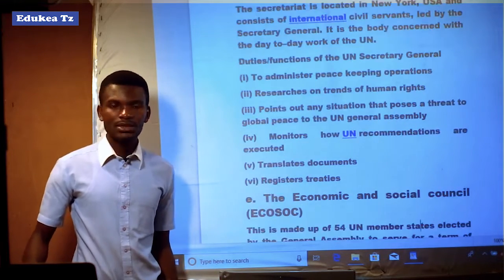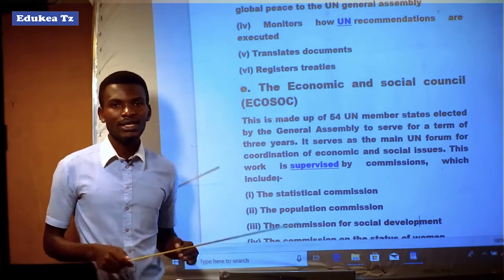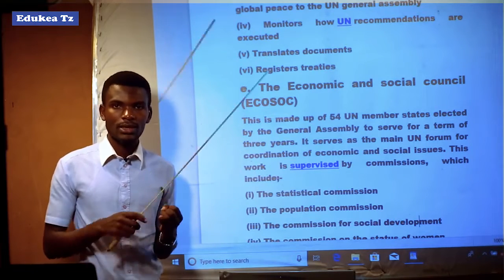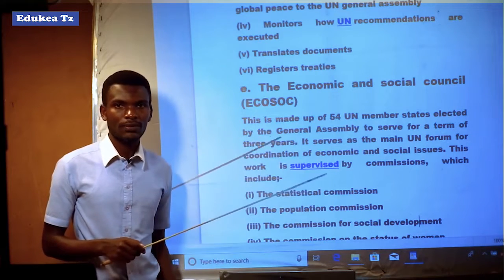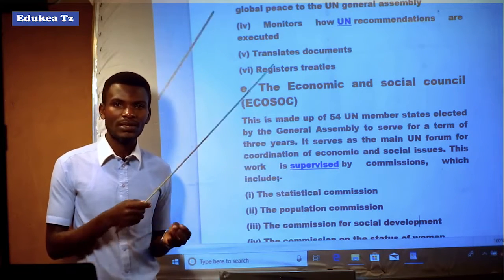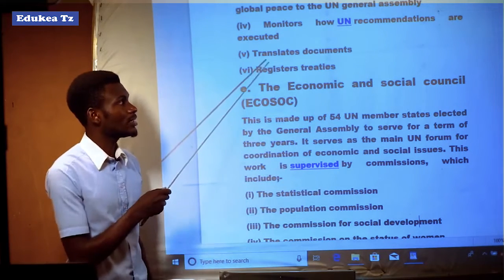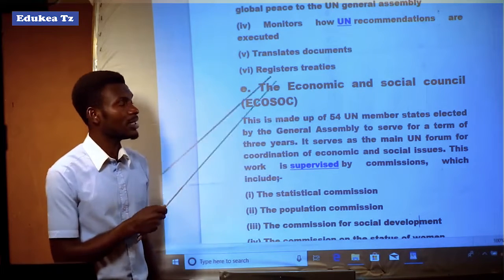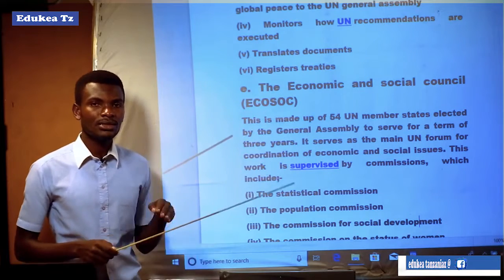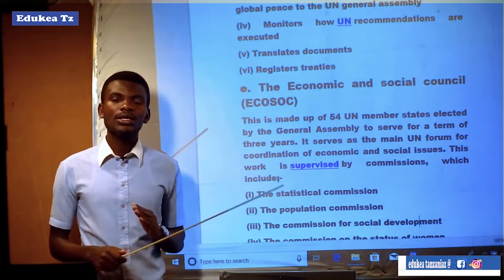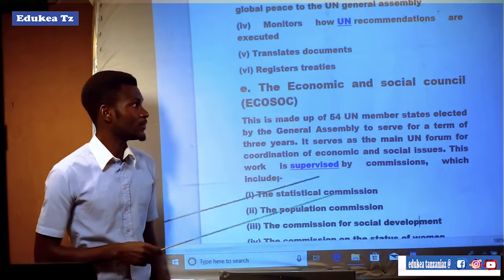It means the Secretary General is there to translate the documents concerning UN activities, whether operations, economic matters, or political matters. Another, to register treaties. It means the Secretary General registers treaties that are made or signed in the organization.